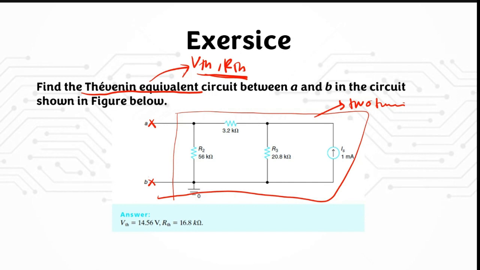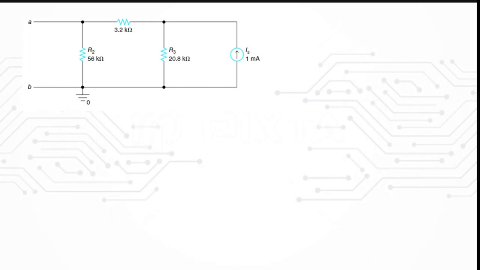Okay. So now I think it's easy if you calculate RTH first. In order to calculate your RTH, first we can turn off this current source because you only have this independent source.